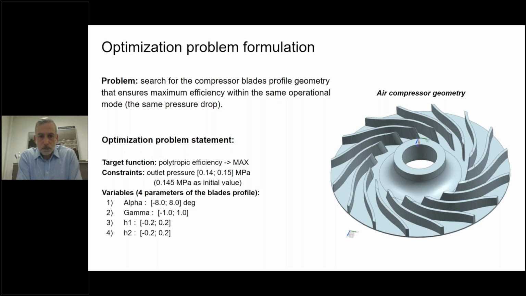We wanted to maximize its value. The compressor operational mode should stay the same for the optimal geometry, so the pressure drop was used as a constraint. The compressor blade profile was varied during the optimization process. So we got 4 geometric parameters, already mentioned by Steven.